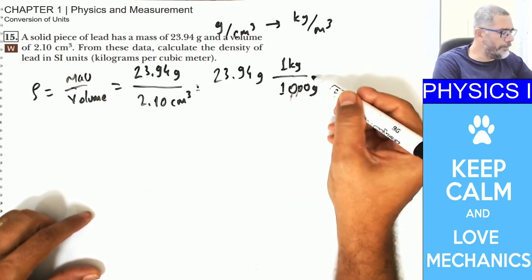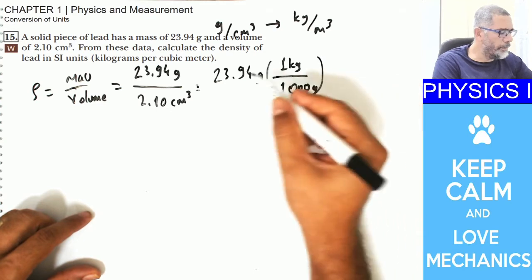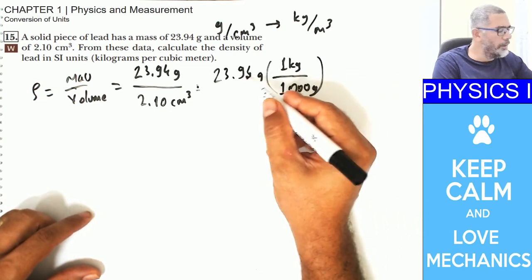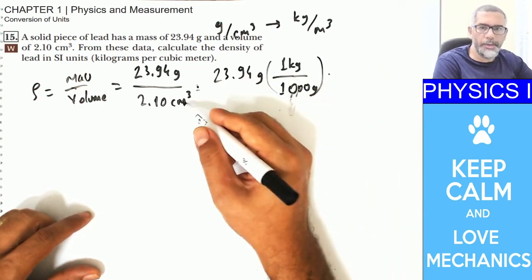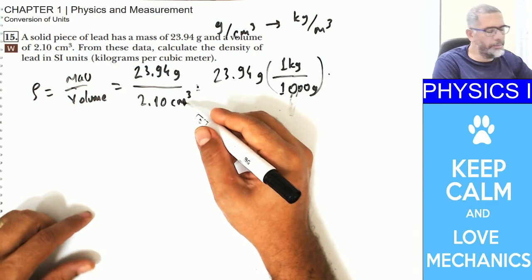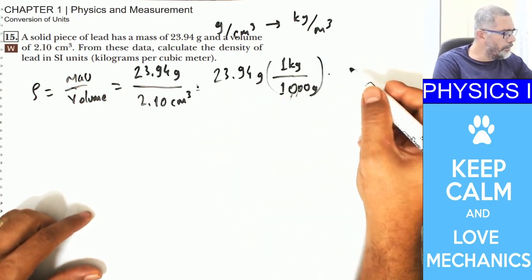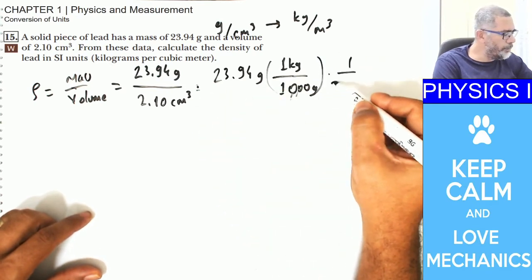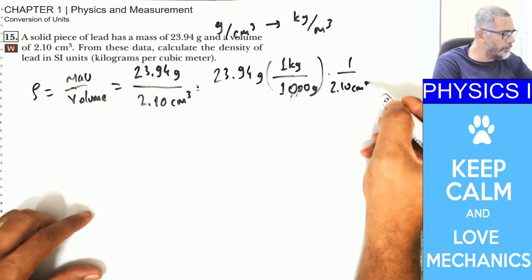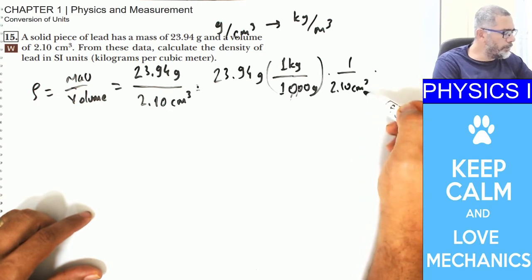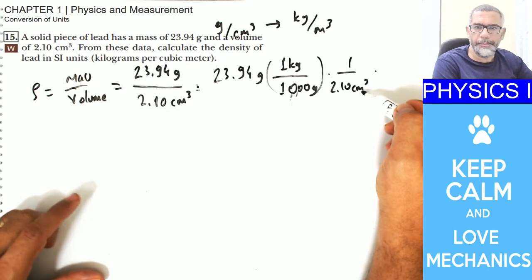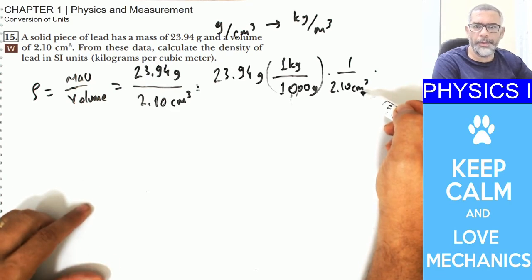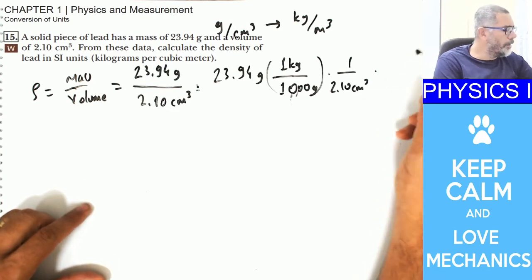So this is the first conversion factor for the mass, and for the volume, we have volume 1 divided by 2.10 centimeter cube. Since you want to get rid of centimeter cube, which conversion factor are you going to use?